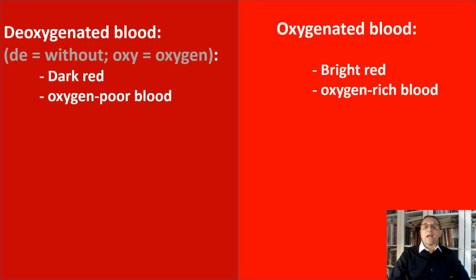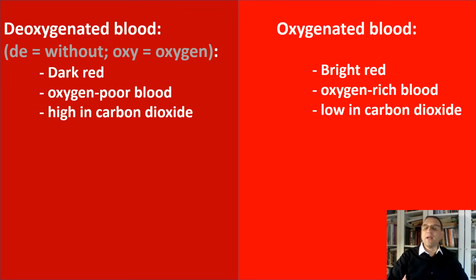Red blood cells are filled with the protein molecule hemoglobin. Hemoglobin has iron, which gives the red color, and when it binds to oxygen, it turns bright red. That is why when the blood is oxygenated, it is bright red.